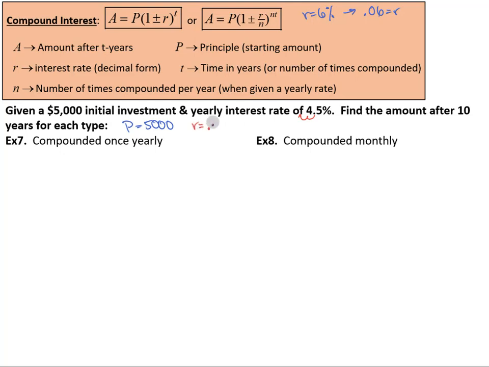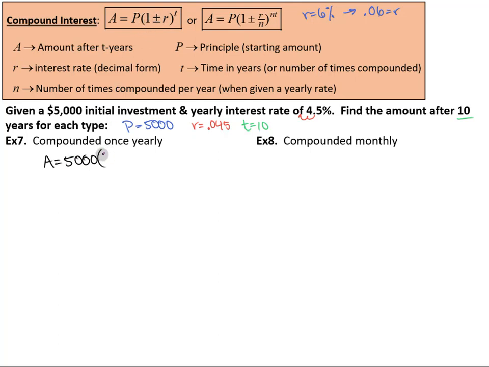R is 0.045. So there's my interest rate in decimal form. And then T, our time in years, they've given us is 10. So T equals 10. So we need to use this first formula if it's compounded once yearly. So A equals our principal, 5,000, times 1.